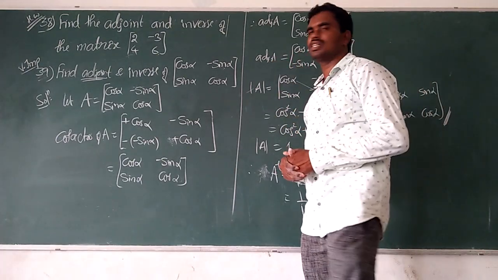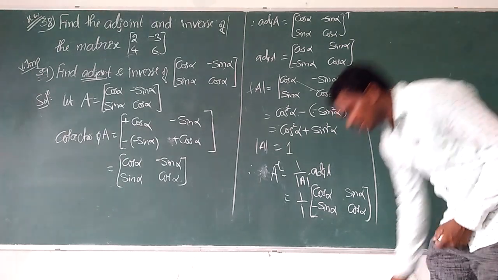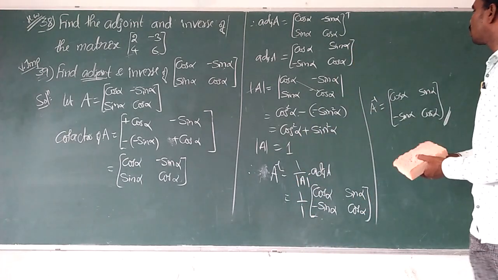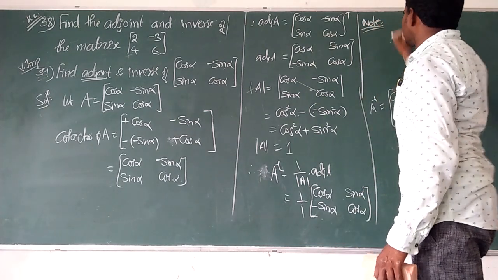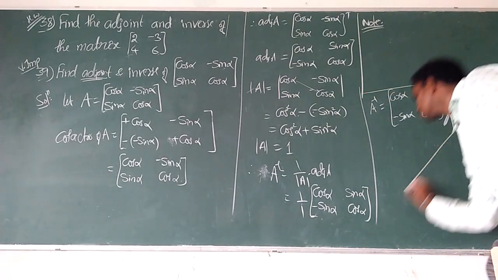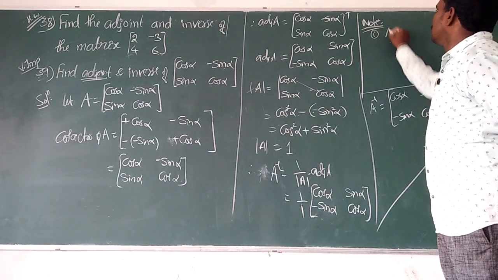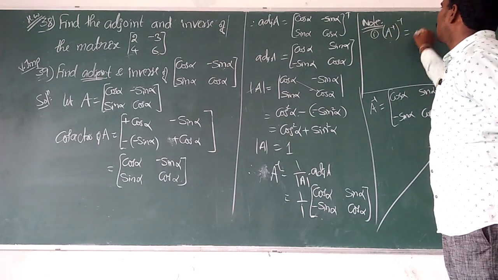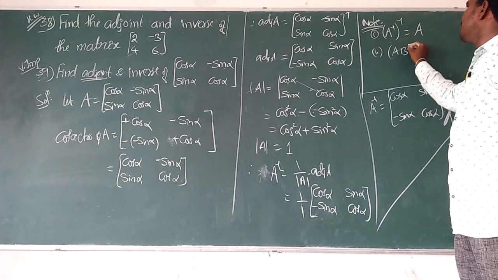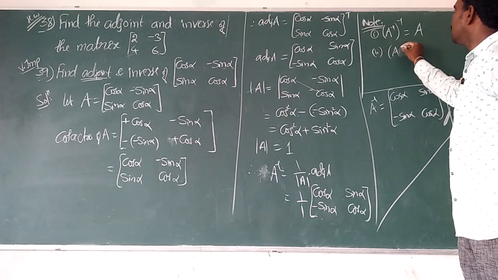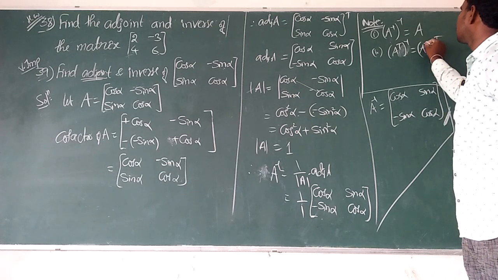This is an important question. 39 is over. In this inverse concept, note a few rules. First, A inverse whole inverse equals A. Second, A transpose whole inverse equals A inverse whole transpose.